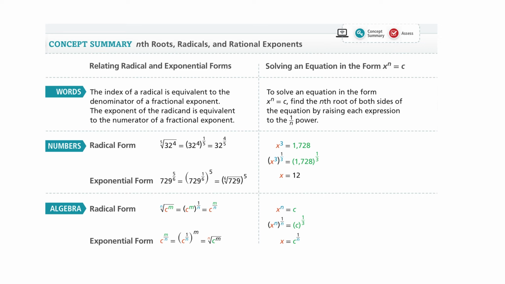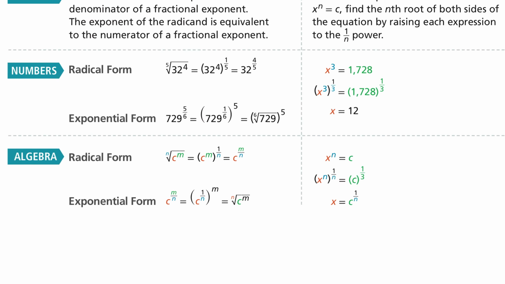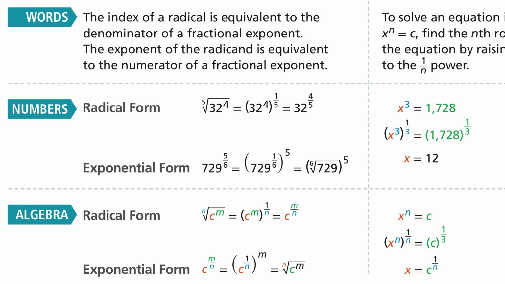Primarily what I want to highlight is our bottom section here. And these are our conversions from a radical form that is using a square root form. And you can see this here. n is the index, c is the base, m is the power.